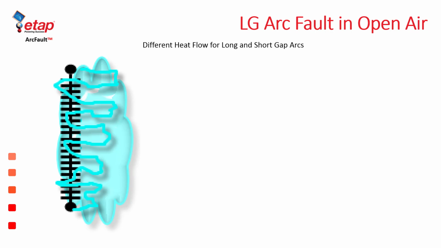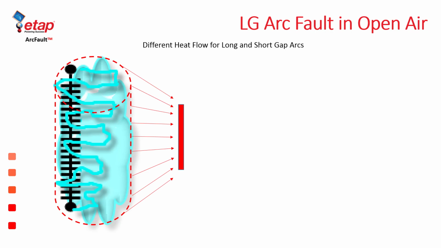This plasma cloud and the heat that comes from it are of important interest in the heat flux models used to represent the behavior. In the case of long arcs, this heat flux model is better approximated by a cylinder shape.